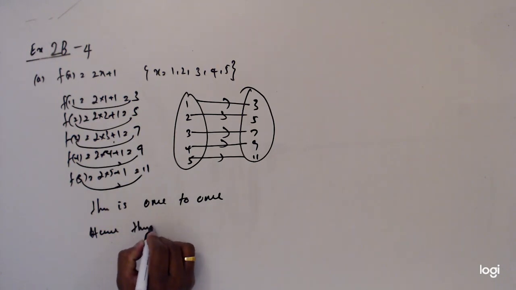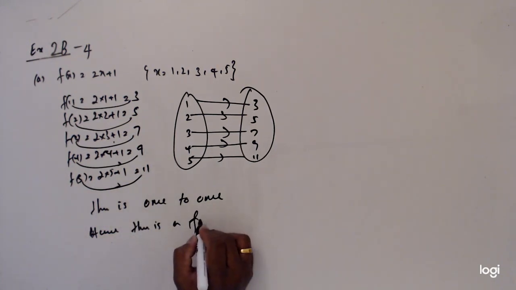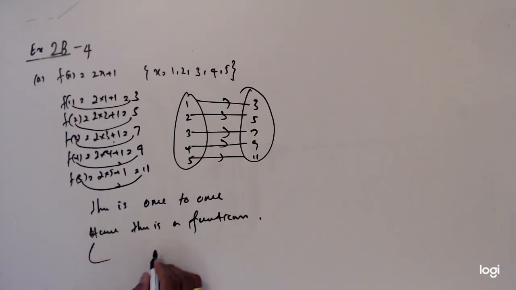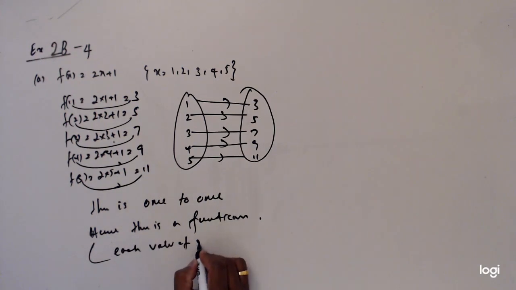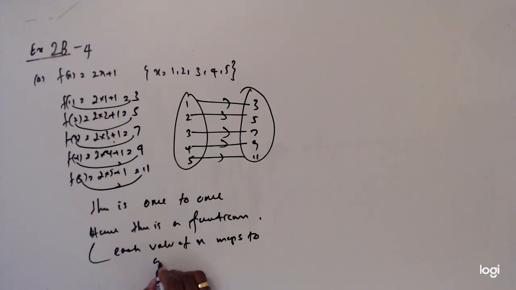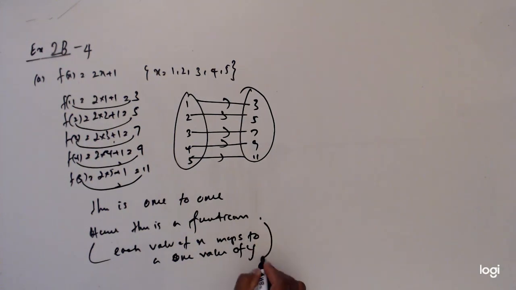Hence this is a function. So the reason we can write is that each value of x maps to one value of y.